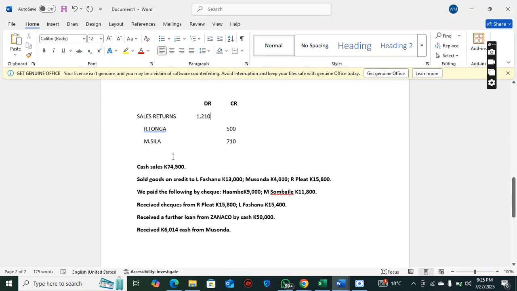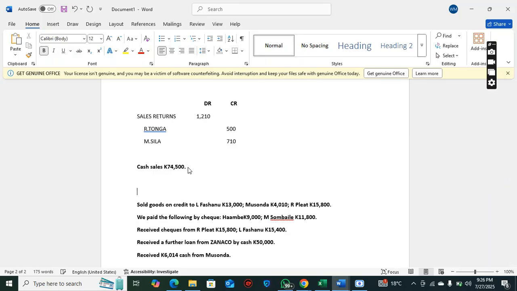Wonderful. Okay, the next transaction, cash sales 74,500. Colleagues, which accounts are involved and which one are we debiting and crediting?